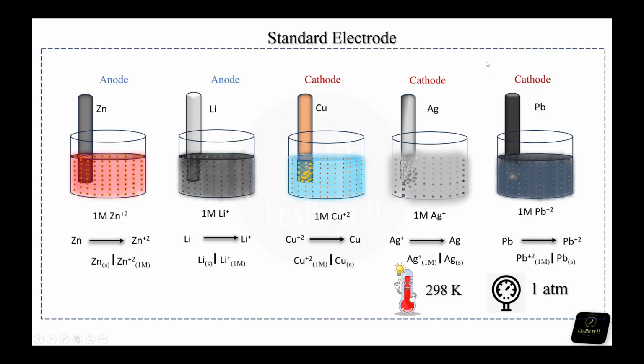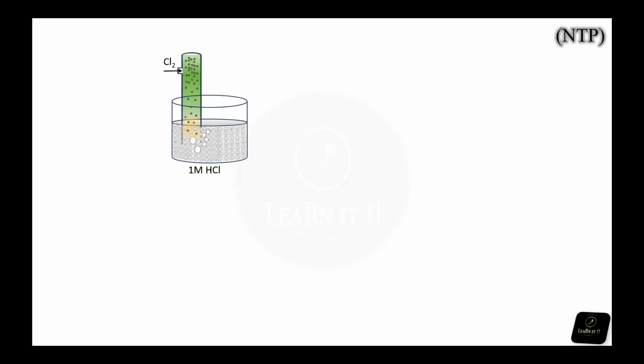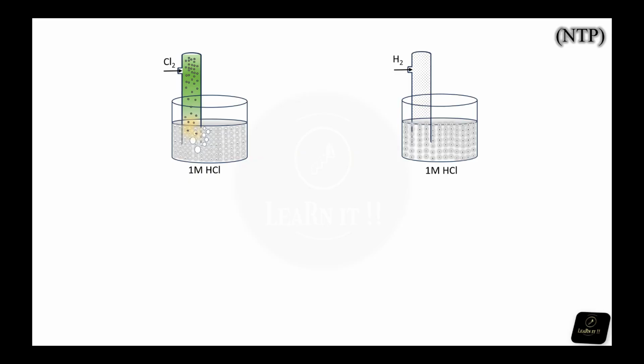So the next question comes: what if we take gaseous material like chlorine and hydrogen? These two are also maintained at normal temperature and pressure. Here the chlorine gas is filled in this inverted tube at 1 atmospheric pressure.